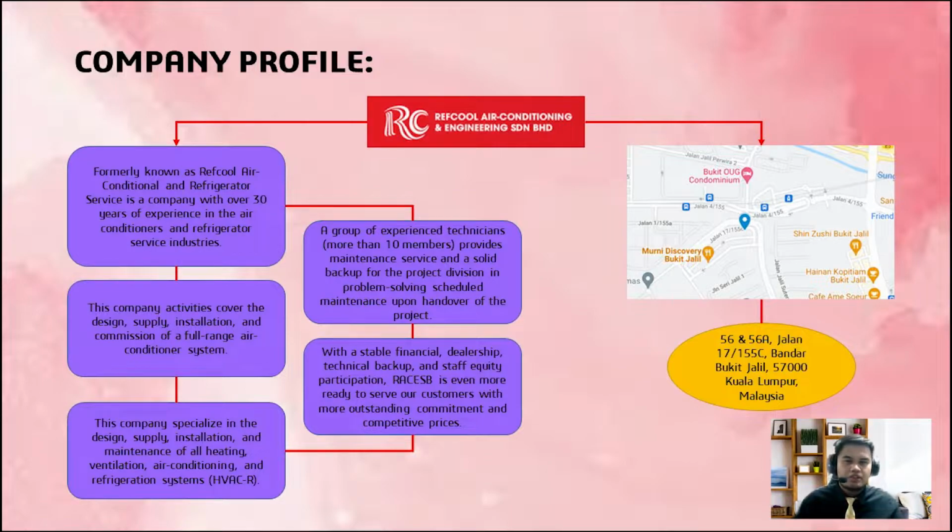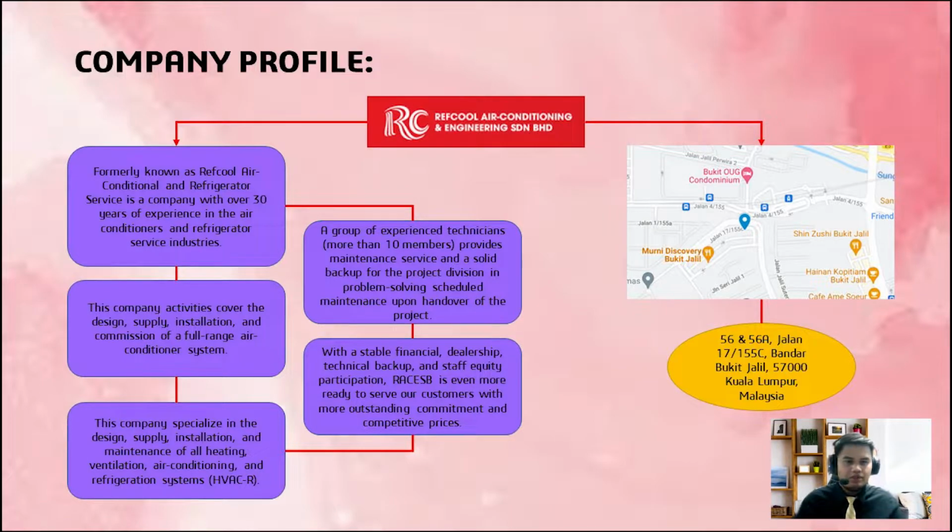This company's activities cover the design, supply, installation and commissioning of a full range of air conditioner systems. This company specializes in the design, supply, installation and maintenance of heating, ventilation, air conditioning and refrigeration systems. A group of experienced technicians, more than 10 members, provides maintenance, service and a solid backup for their project division in problem solving, scheduling, and maintenance upon handover of the project.